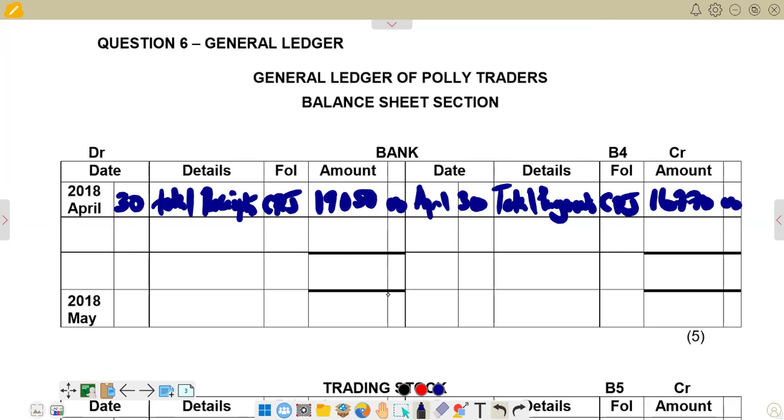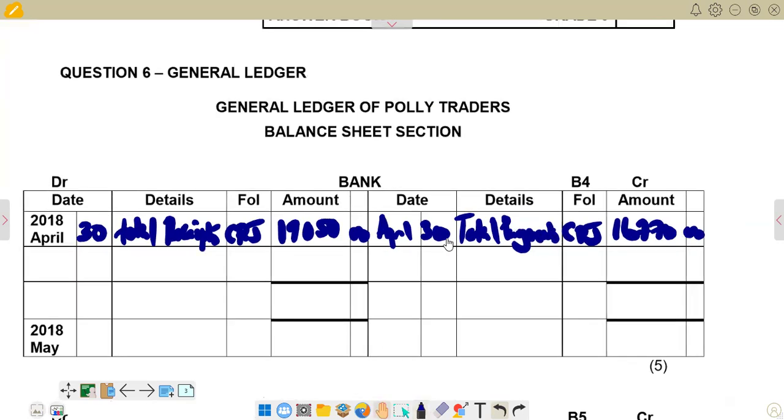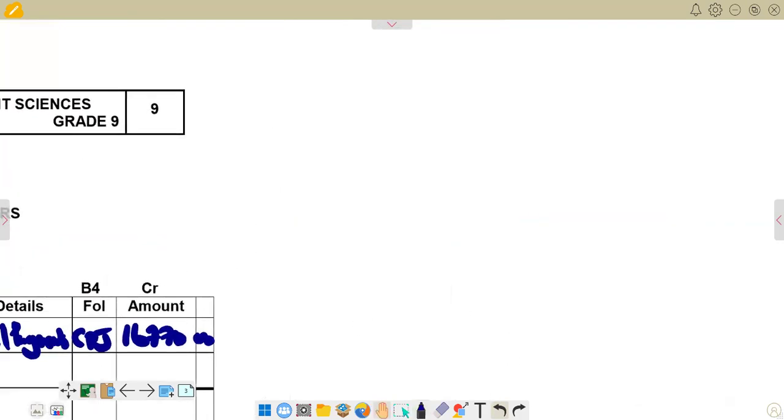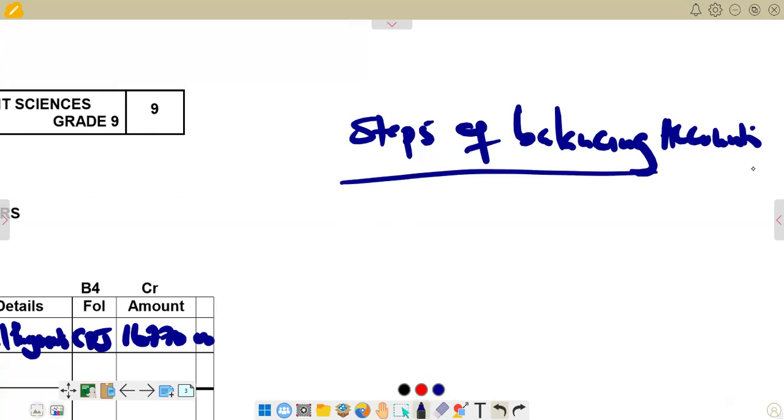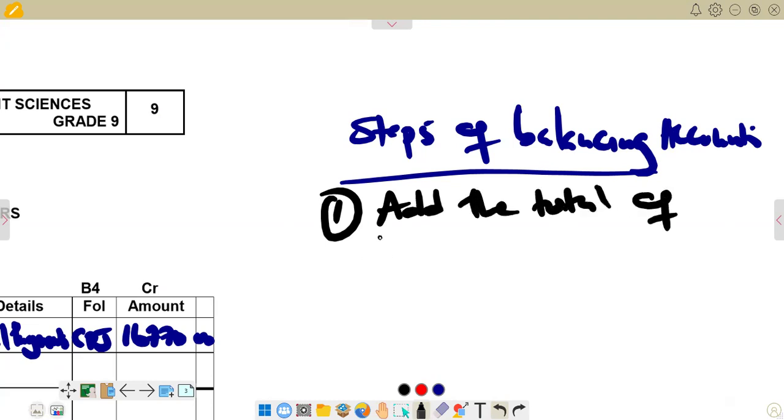Then we are supposed to now balance. So remember, when we are balancing accounts, let's try to put it in steps of balancing accounts. The first step is that you have to add the total of the debit and credit side.